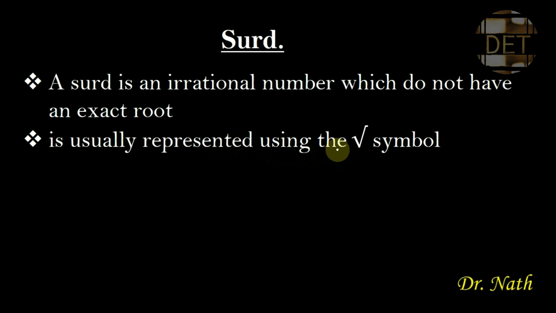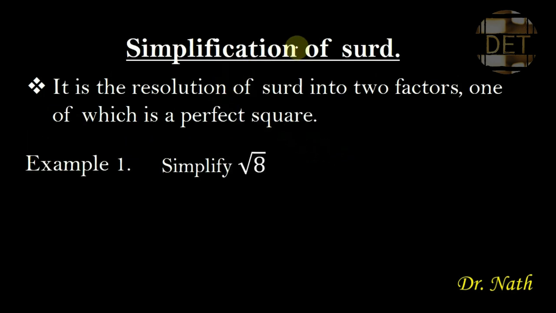Very simple. So what we're going to look at next is the simplification of surds. How are surds simplified? The simplification of surds is the resolution of a surd into two factors, one which is a perfect square and the other which is an imperfect square.